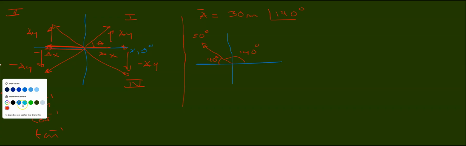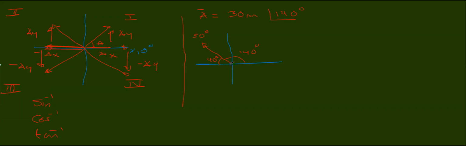When you generate the components, you're going to have this component here and this component here. AY, no problem, is positive. AX is negative. So you can write AY as 30 sine of 140 degrees, and you can write AX as 30 cosine of 140 degrees, which will automatically give you the negative AX.